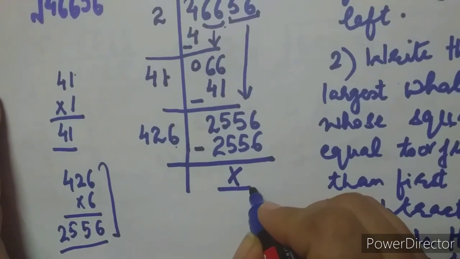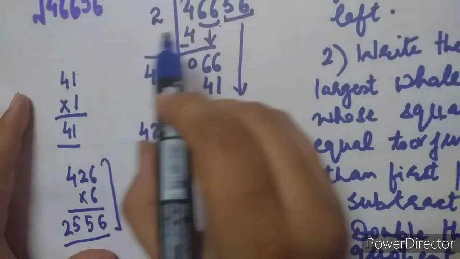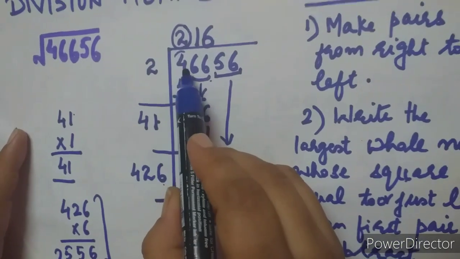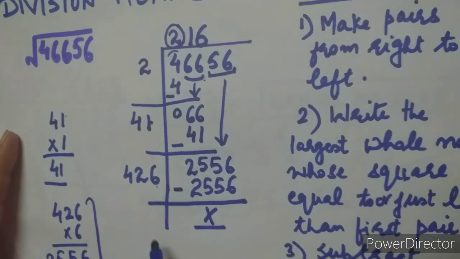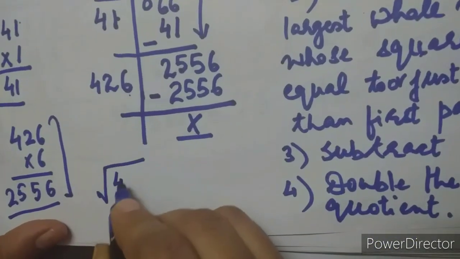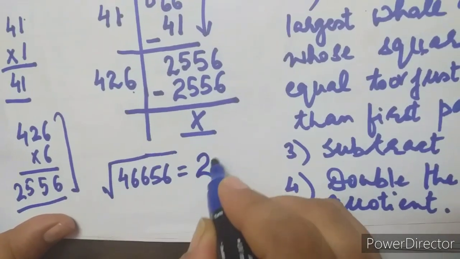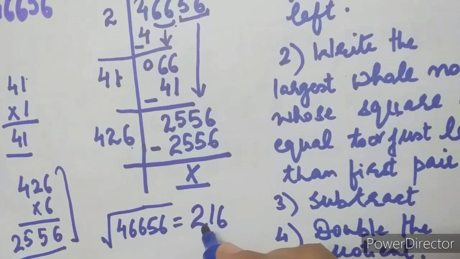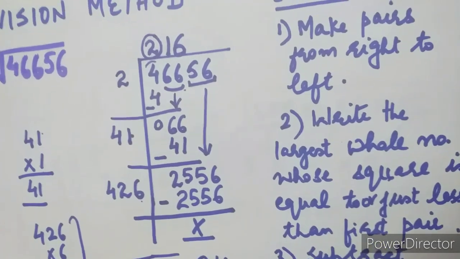So the final answer: the square root of 46,656 is nothing but 216, and you are supposed to write the answer at the end as square root of 46,656 is equal to 216. So this was the method of finding the square root using the division method.